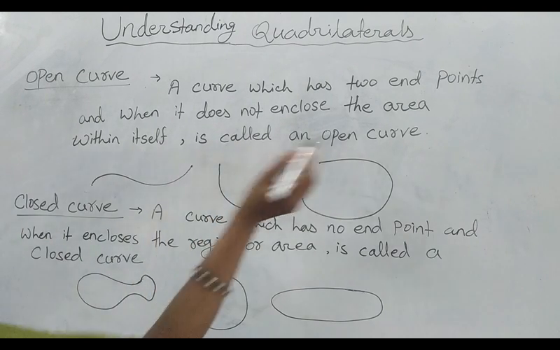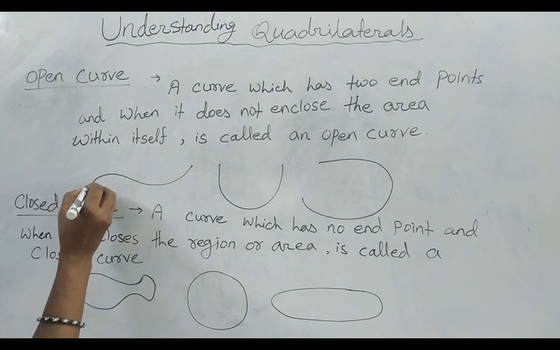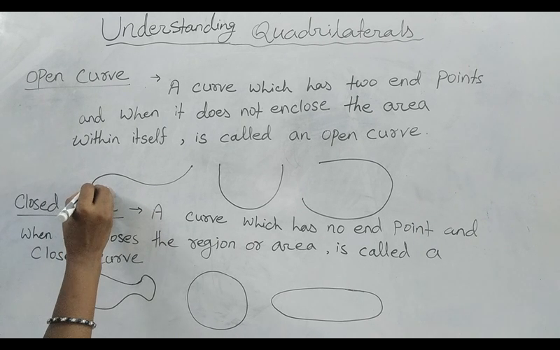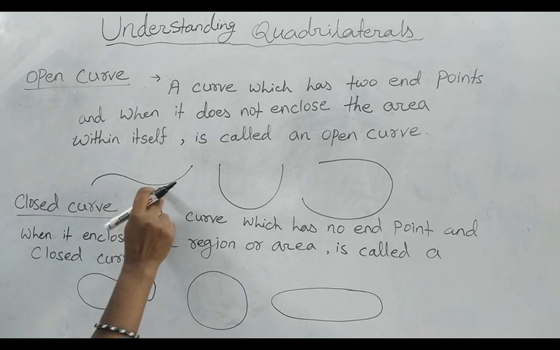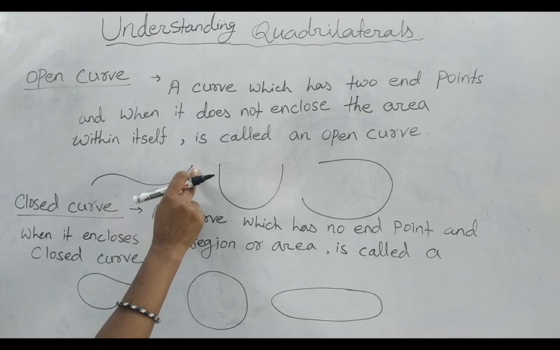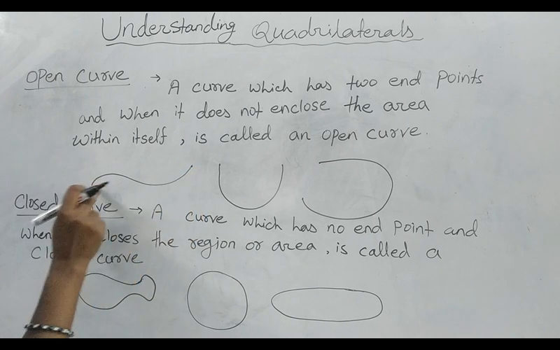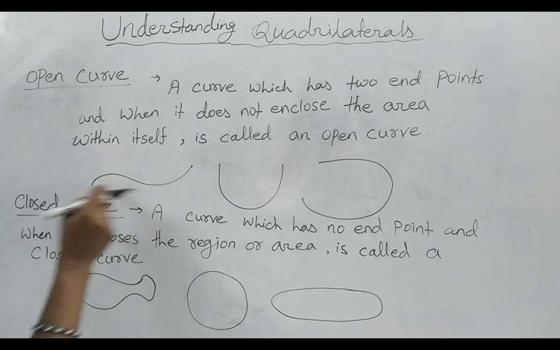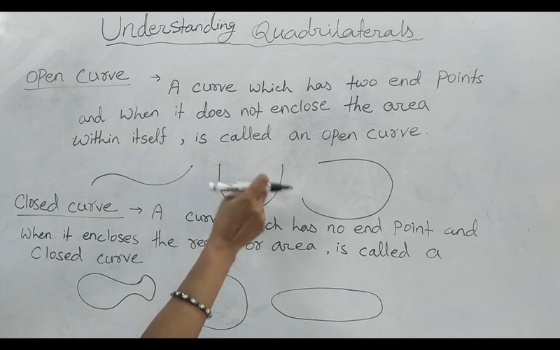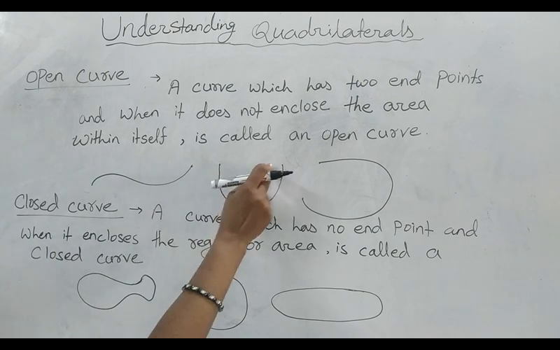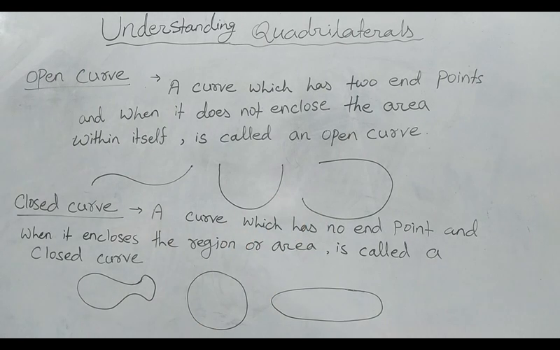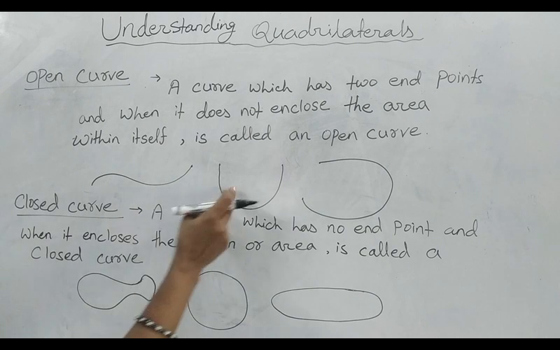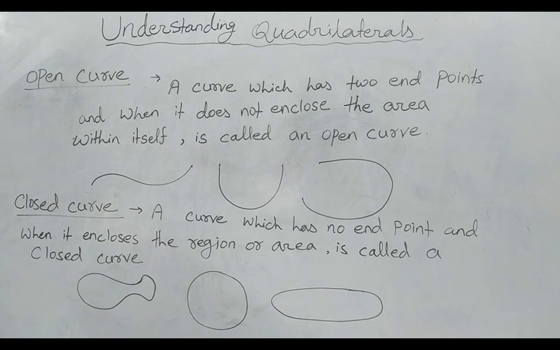As we know, when we start a drawing from this point without lifting our pencil and finish at some different point, that means this curve has two end points, this and this. This curve also has two end points. That means all these three are open curves.